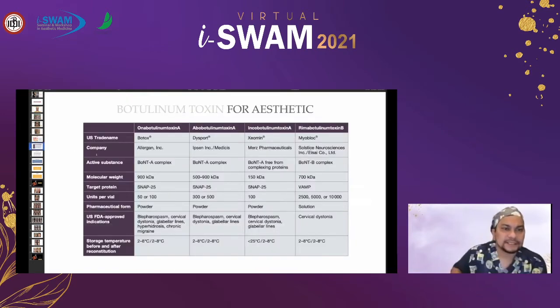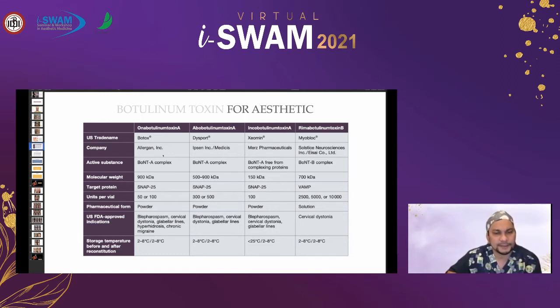And then in the market in Indonesia, we can find any botulinum toxin brand, like Botox. I never see this one, but Xeomin we can find here. Nabota and Botulax are other brands that we can find in Jakarta.